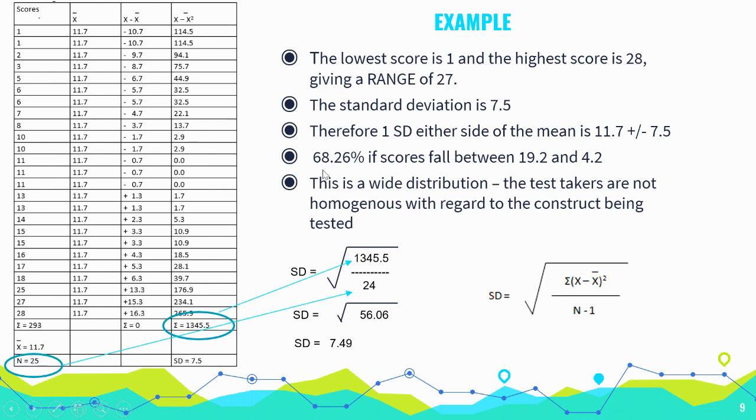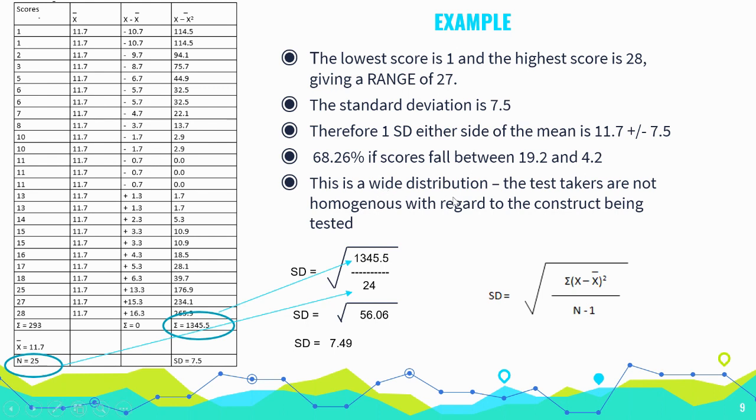Remember, 68.26% of the scores will fall in that central zone on the curve of normal distribution. So 68.26% of scores fall between 19.2 and 4.2. That is 11.7 plus or minus 7.5. And we know that this will happen if we've piloted our test properly for all future administrations of the test.